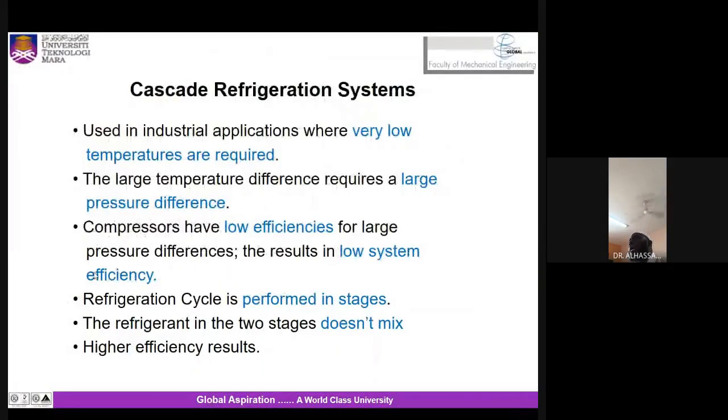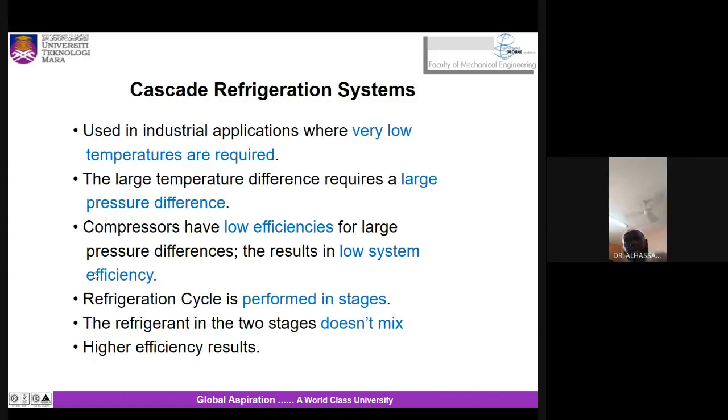Yes, so we will look at the cascade refrigeration cycle. The word cascade means that if you have, let's say, 2 or 3 or more refrigerators that are mounted one on the other, okay? The purpose of this cascade refrigeration cycle is to increase the efficiency, or increase the COP of the refrigeration cycle.